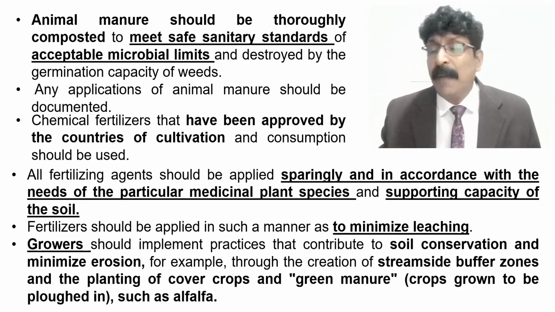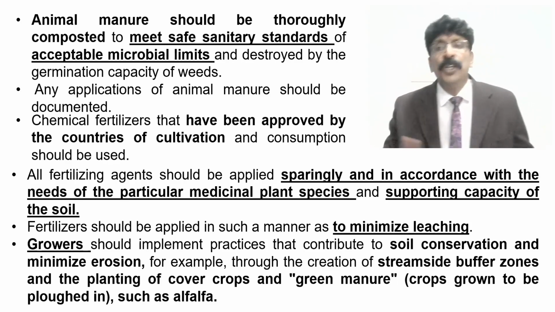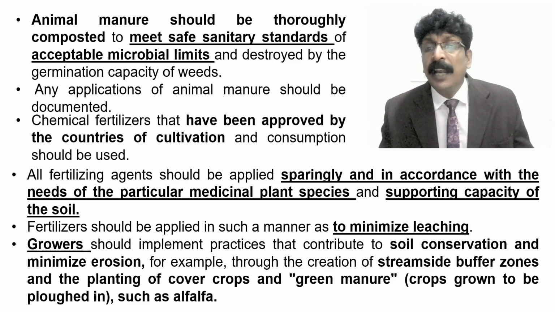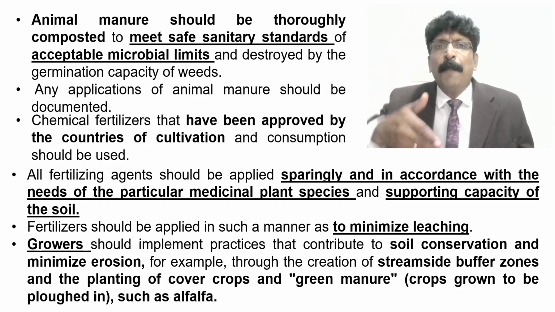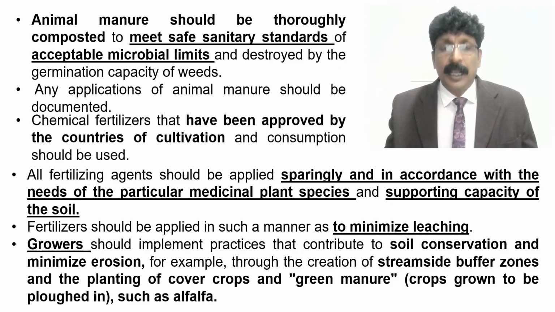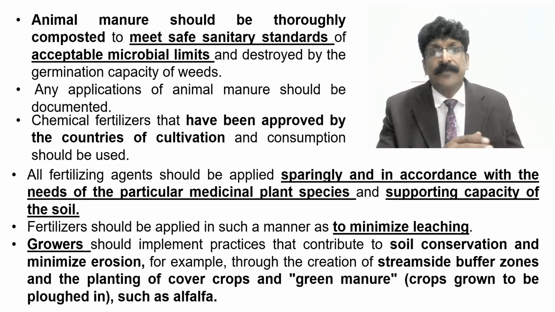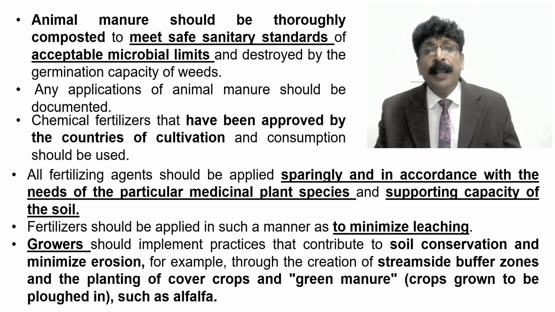Harmful effects can be reduced by minimizing erosion, for example through the creation of a streamside buffer zone by planting many buffer zone plants, keeping a gap between the cultivated soil and the water resource, a lake or a river.